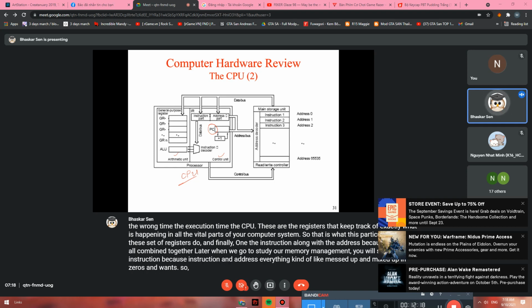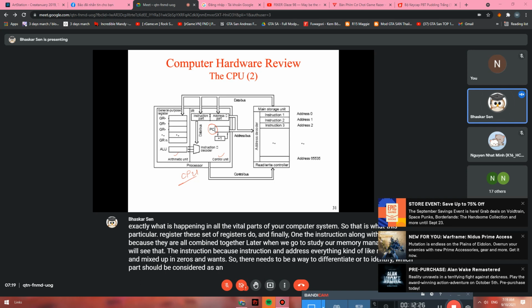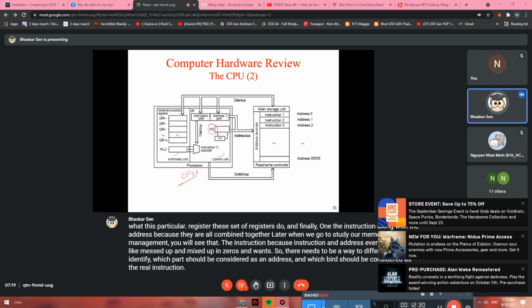So there needs to be a way to differentiate or to identify which part should be considered as an address and which part should be considered as the real instruction. All are in zeros and ones. So that will be done once the instruction is fetched.